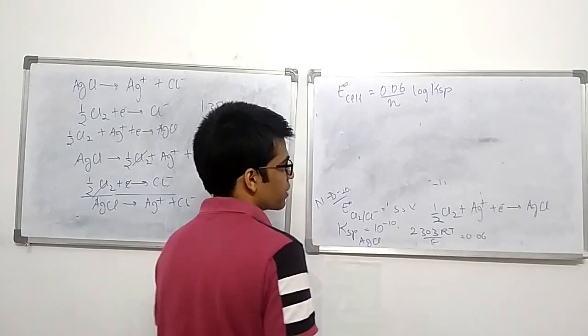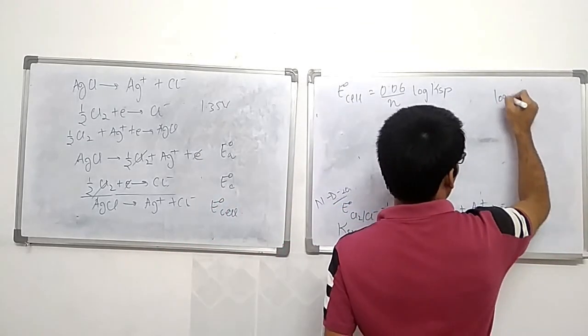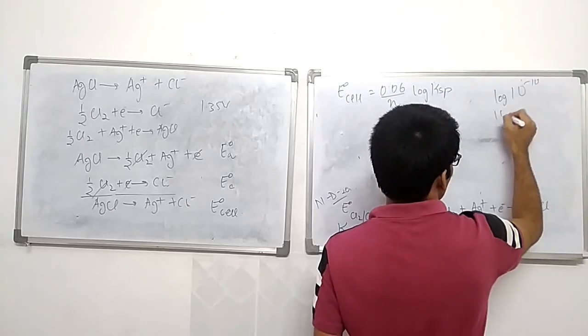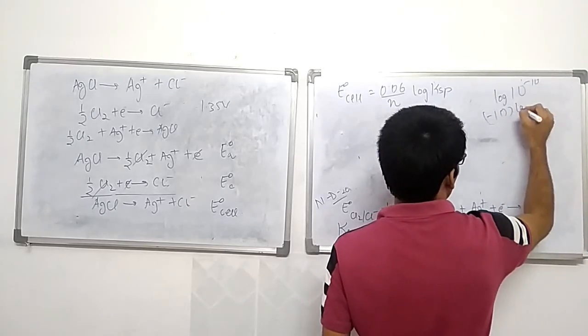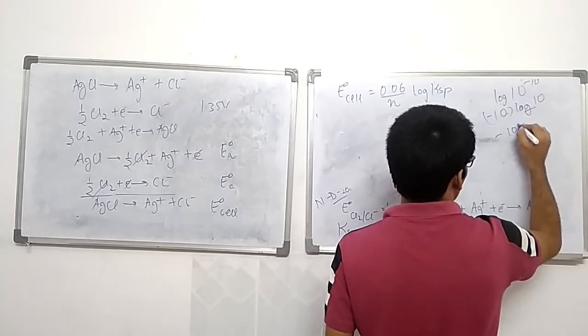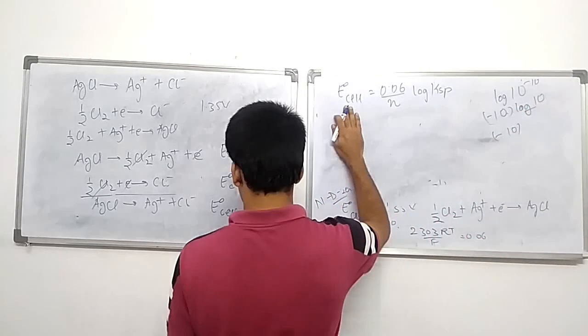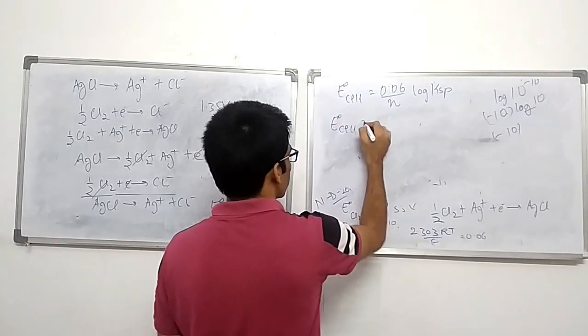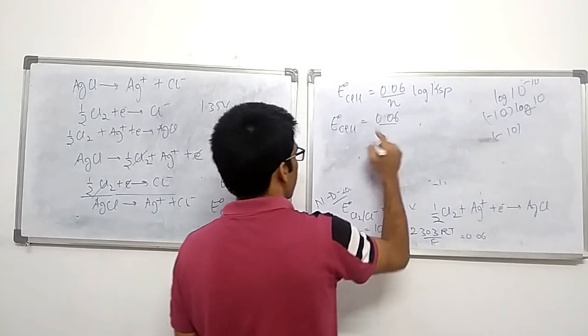KSP they have given us as 10 power minus 10, and log 10 power minus 10 will be what? The exponent comes in front, so I am left with minus 10 log 10, and log 10 is 1, so I am left with minus 10 only. So E naught cell, I have to find E naught cell is equal to 0.06, n is what?